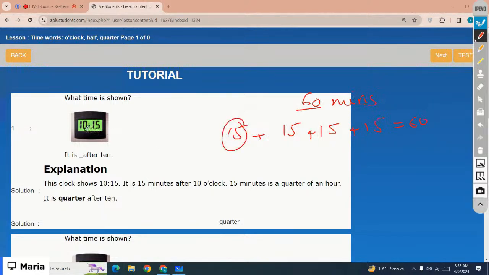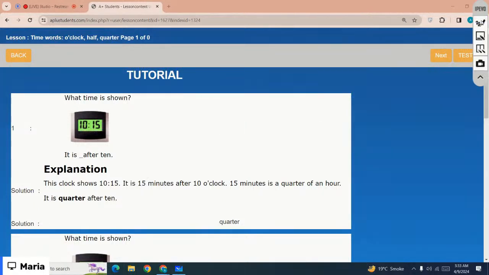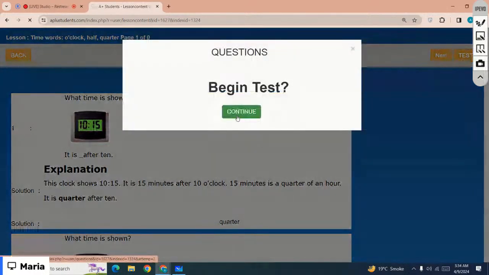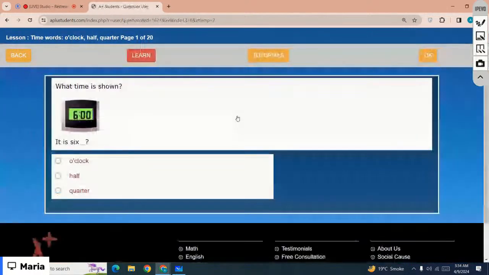So you can say it is quarter to 10. Got it? Because you have 15 minutes more to 10. Let's just start with the test questions. What time is shown, which is the correct option?